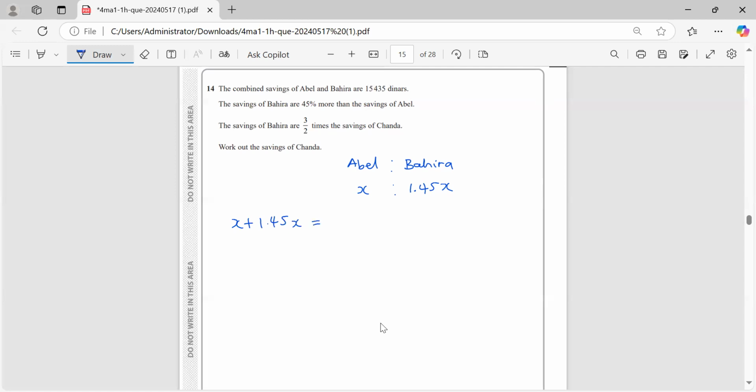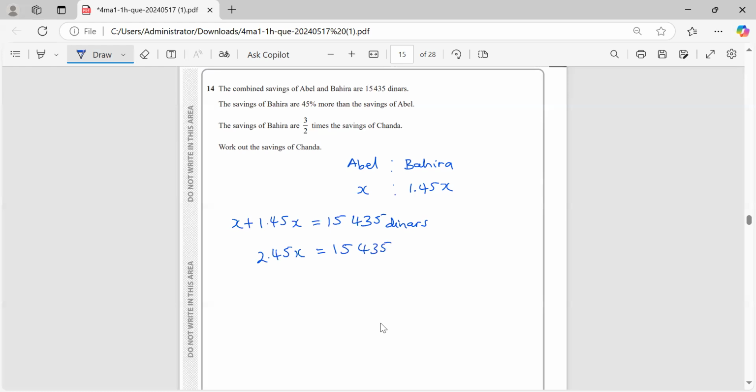Which is actually equivalent to the total savings that they have, which is 15,435 dinars, right? So if you add x plus 1.45x, you're definitely going to get 2.45x, right?